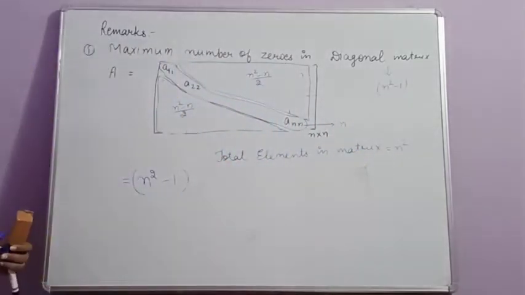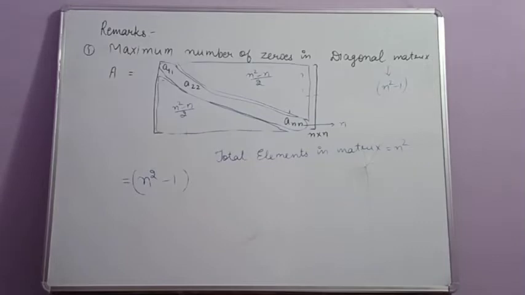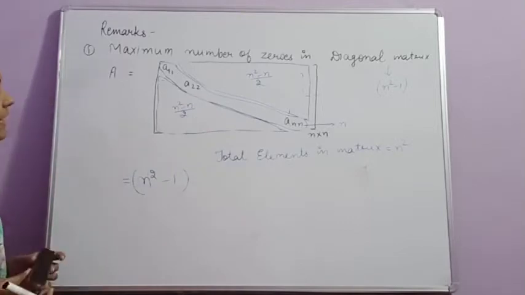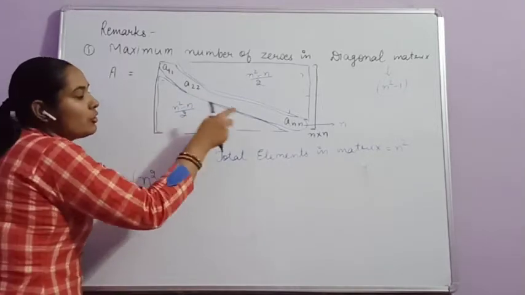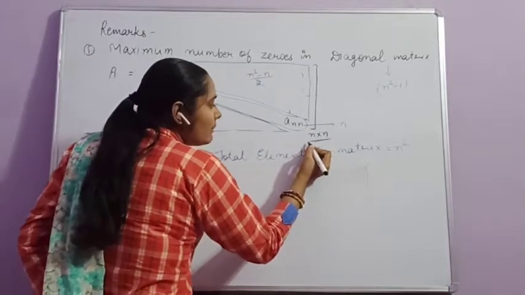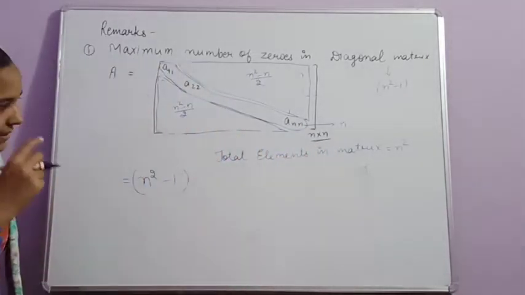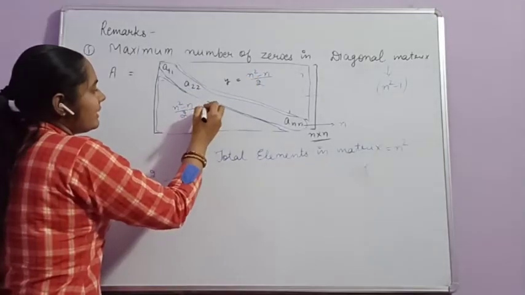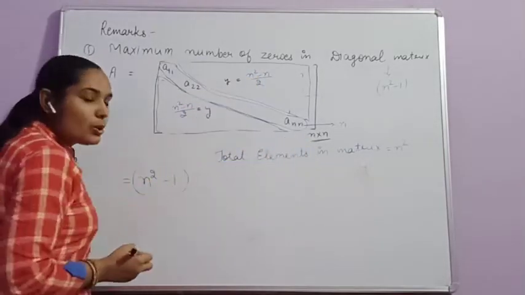Clear? How can we calculate the number of zeros? Let the number of elements in the upper triangular matrix be y, in the lower triangular matrix also y, and in the principal diagonal the number of elements is equal to n. The total number of elements in the matrix is equal to n square. We know that y plus y plus n is equal to n square.